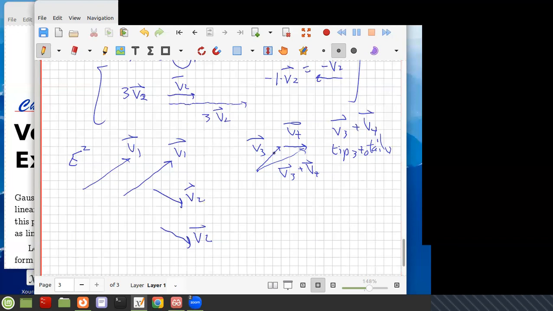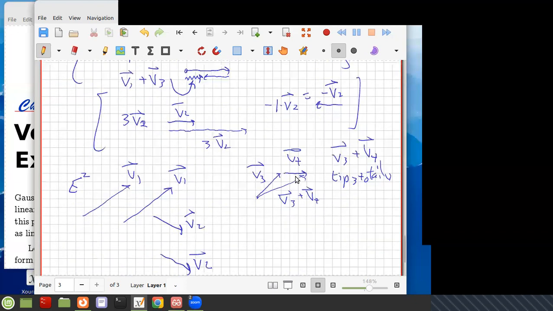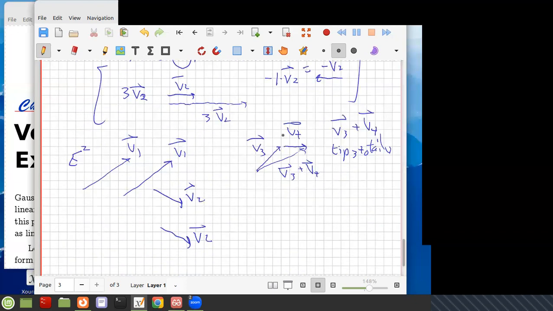Okay, now it's going to turn out that I'm going to be able to make a connection here between these vectors and these vectors. If this is x, y, 3 and 4, then this sum is going to capture this geometry, and they're going to behave in the same way.